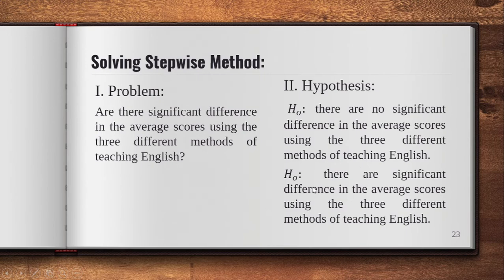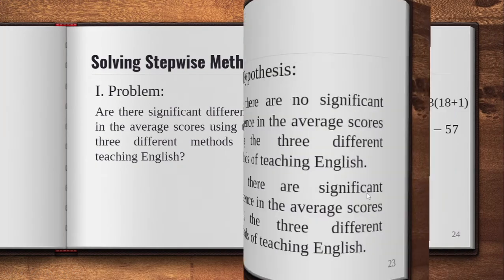The alternative hypothesis. Sorry, mayroon tayong type error. Alternative hypothesis po ito for correction. There are significant differences in the average scores using the three different methods of teaching English.